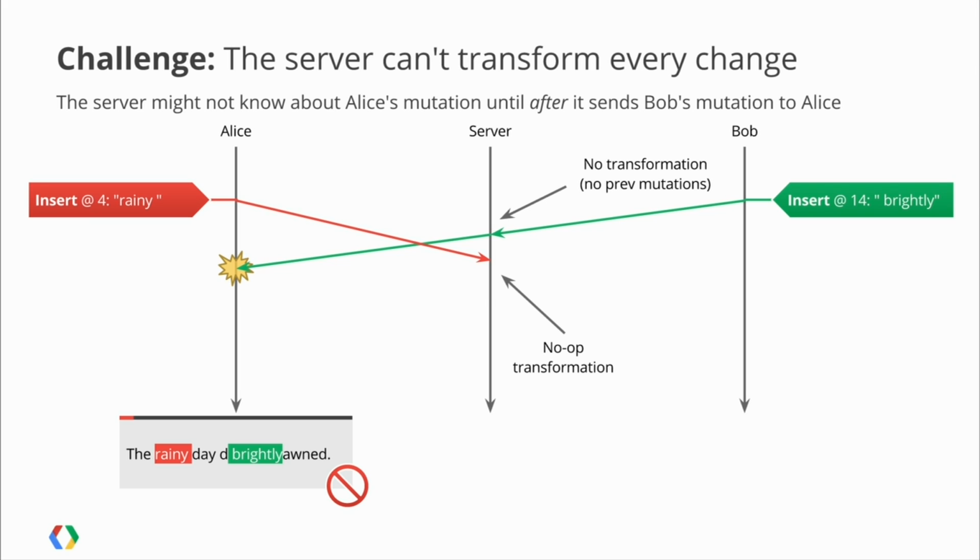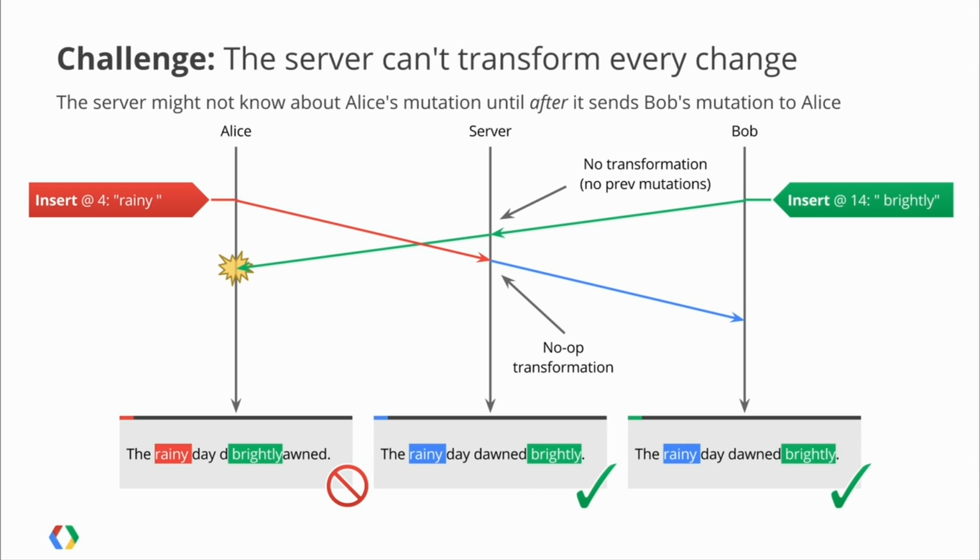Well, the server is going to transform it against Bob's mutation because it knows about Bob's mutation now. But Bob's mutation comes later in the document than Alice's mutation. So in reality, the transformation for this doesn't do anything. The mutation just gets sent as is over to Bob. And of course, the server gets the correct result, and Bob gets the correct result, but Alice didn't.